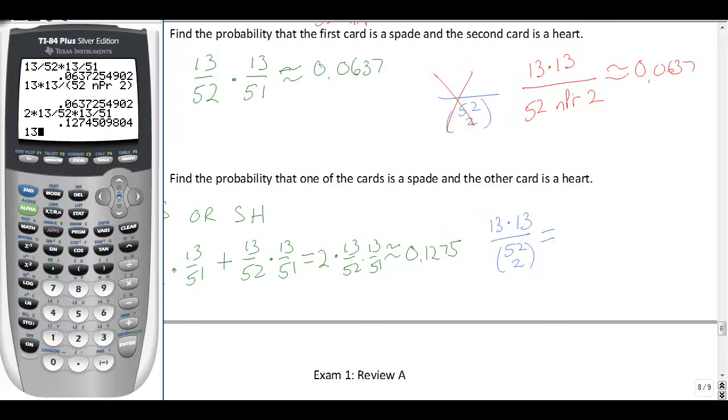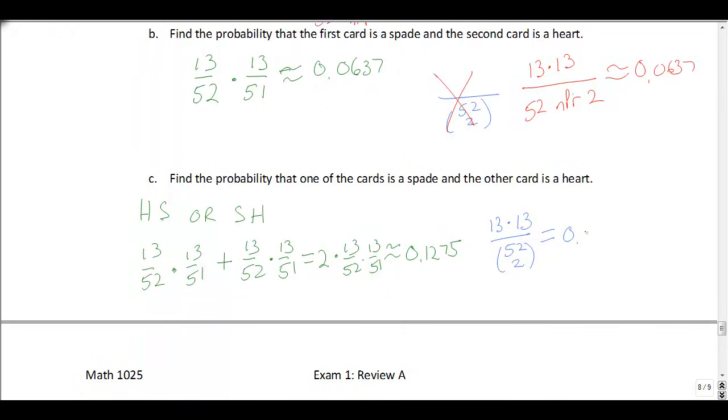This is 13, let's do the squared this time, divided by 52, math prob, now nCr 2. And that should give me the 0.127, which it does. So this is 0.1275 here. It's approximately equal to. So I could do either the green method or the blue method.